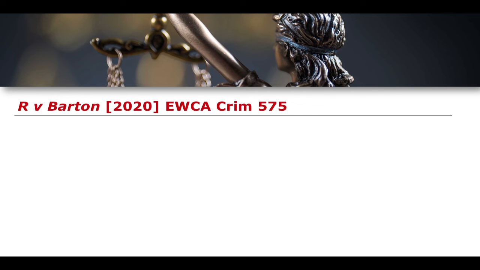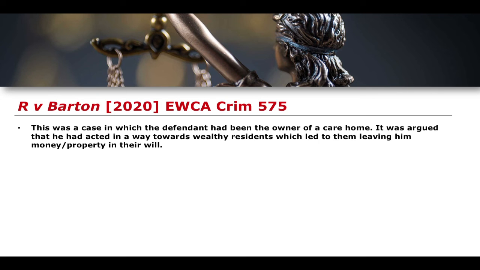The case of Crown versus Barton was a 2020 case involving a defendant who had been the owner of a care home. It was argued by a number of individuals and then by the Crown that he had acted in a way towards wealthy residents which had led them to leaving him money and property in their will.